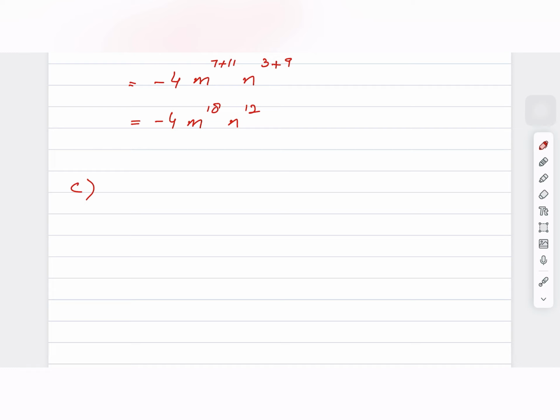Its C part is, this is 11p power 6 q power 7. There is multiplication and this is 2p power 3 q power 10.